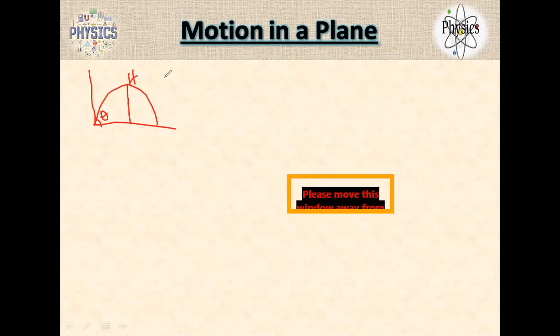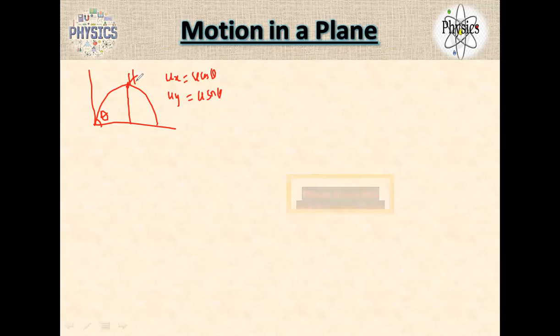Here the initial ux, uy, we already know: u cos theta and u sin theta. But for the final velocity, when I want to calculate maximum height, I write Vx. Vx is the same as I mentioned, the horizontal component does not change.